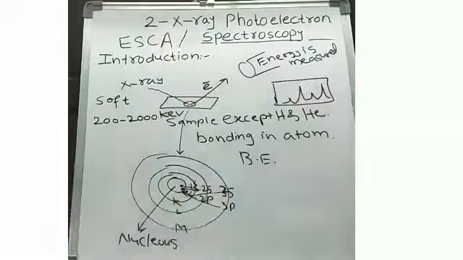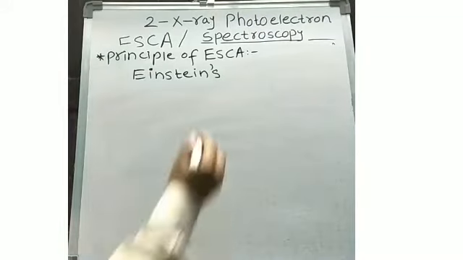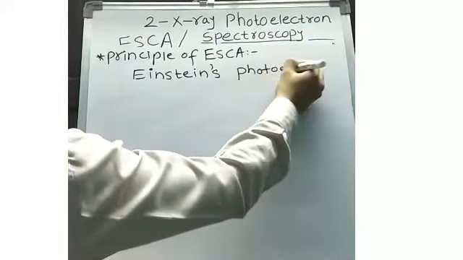Principle of ESCA or X-ray photoelectron spectroscopy. Its principle is based on Einstein's photoelectric effect, that is ejection of the electron from the surface by irradiation.